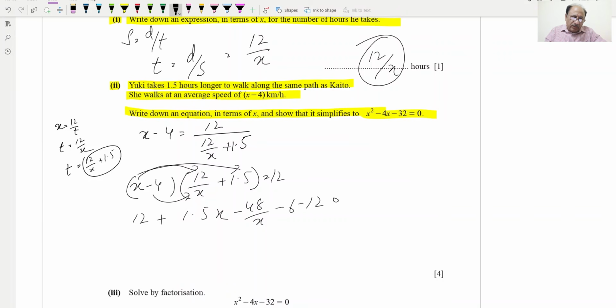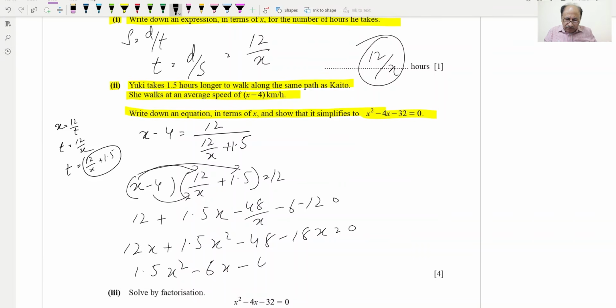We can multiply the whole equation by x, so we'll get 12x plus 1.5x squared minus 48, and minus 18x, because we are multiplying everything by x. So 1.5x squared and minus 12 plus 12 minus 18 will be minus 6x, and minus 48 is equal to 0.